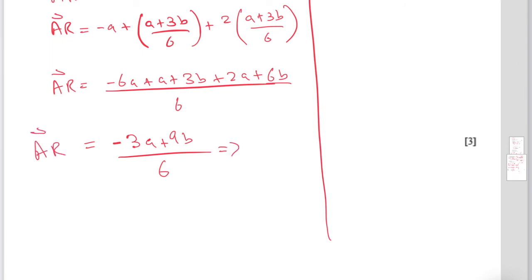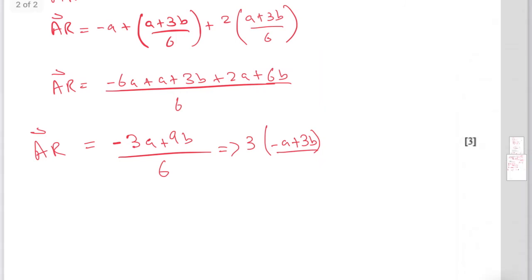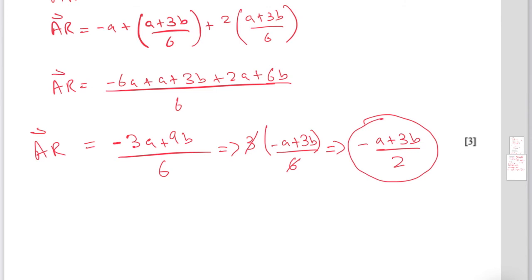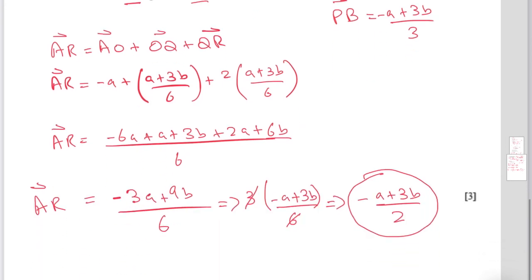If we simplify this, we take 3 out of the brackets, we get negative A plus 3B over, I don't need this side, so let's erase this. I get 6 over here, then I cancel them out, and our final answer would be negative A plus 3B over 2. Okay, so this is the simplified version of AR, and this is equal to, one second, did I make a mistake in this?